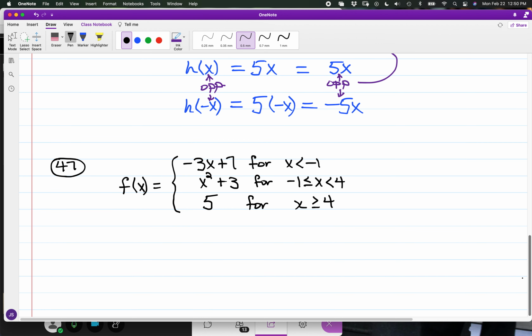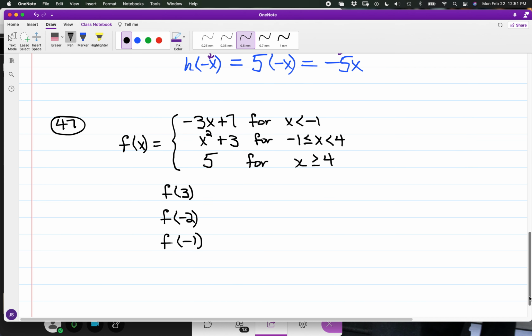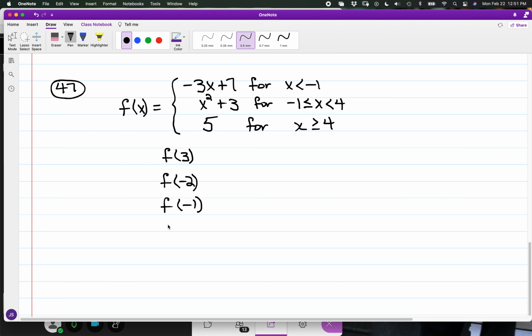All right. And so with the determination of the various functions, for the inputs we have f of 3, also f of negative 2, then f of negative 1, then f of 4, followed by f of 5.